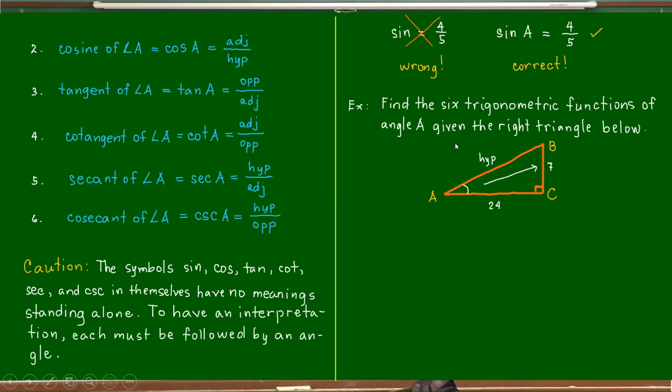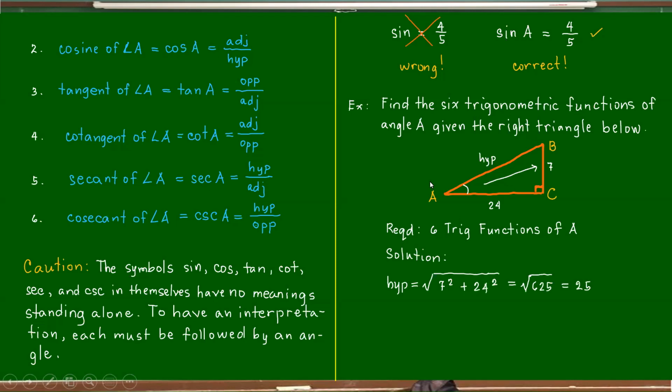Since in defining the 6 trigonometric functions we need the 3 ratios, we have to find the value of the hypotenuse. By the Pythagorean theorem, the hypotenuse is equal to the square root of 7 squared plus 24 squared. Taking the square root, we get the square root of 625, and that is 25.